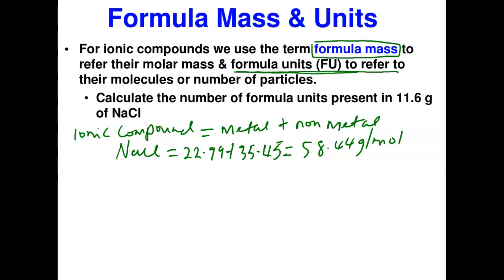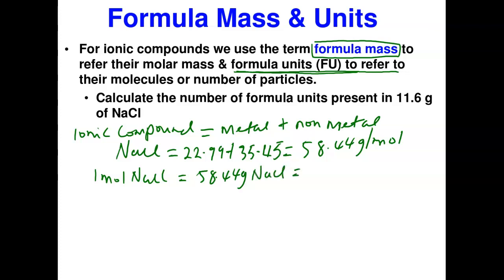Now, what is the formula unit? What's the relationship? Remember, we said formula unit is a specified entity. What it simply means is that a mole of sodium chloride will contain this particular mass, 58.44 grams of sodium chloride.